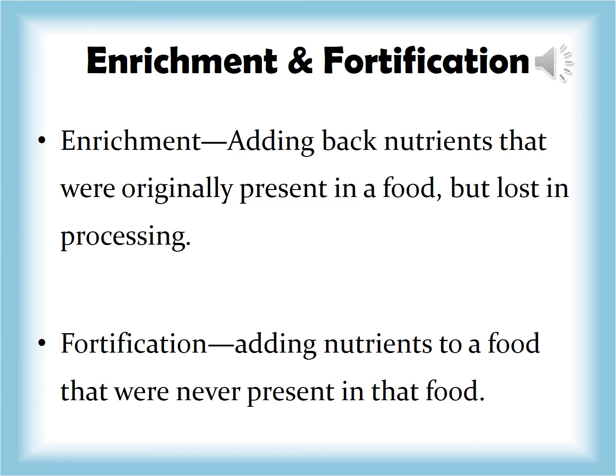And in doing so, we're losing a lot of those nutrients. So enrichment is adding these nutrients back. So it could be adding the essential fats, it could be adding the B vitamins, it could be adding the iron, but it's always going to be adding back nutrients that were lost, that were originally present.